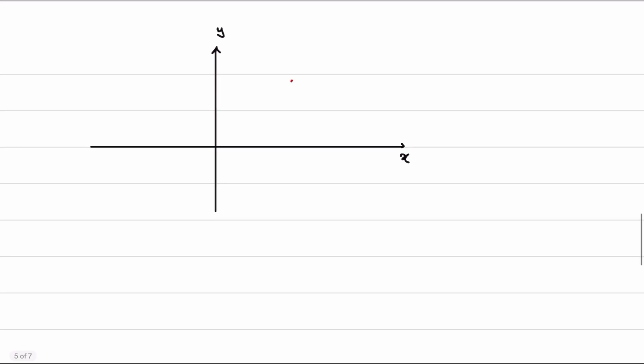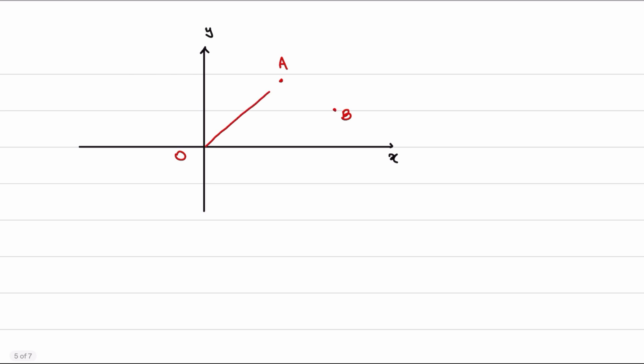Vector addition and complex number addition is almost the same. Vector is on a vector plane, complex number is on a complex plane. Now, this is A, this is B, this is O. The position vector of point A is OA in this direction. We have to put the direction also.